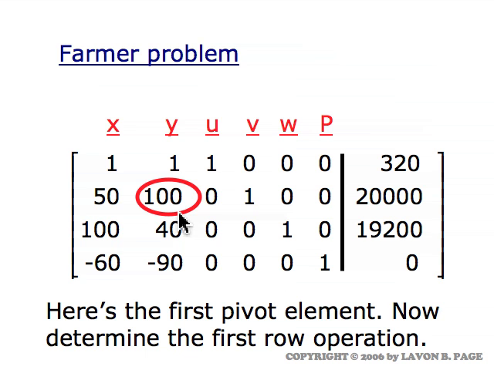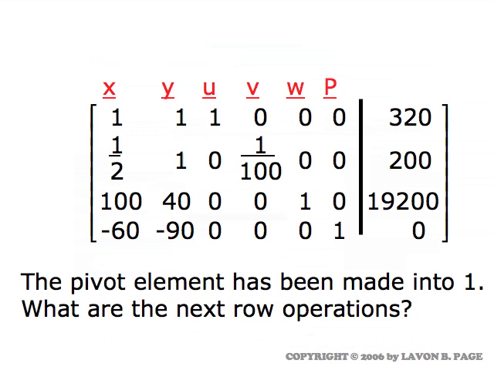The first row operation we need is to turn that into a 1. So we'll multiply row 2 times 1/100th to accomplish that. Having done that, our new row 2 is as shown in this tableau. To finish this step, we need to turn this 1, this 40, and this minus 90 into zeros.